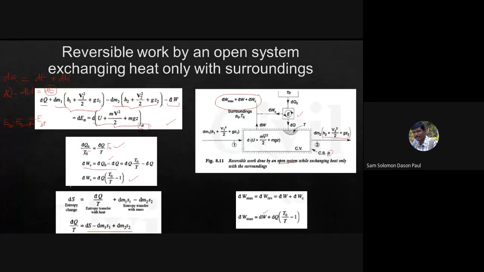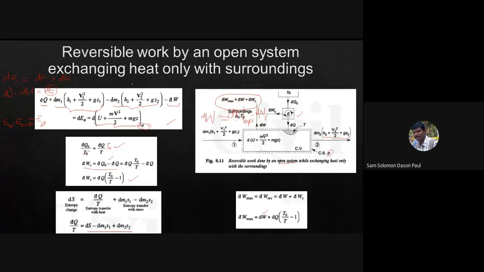Can you see this? Here you have dW, so your dW is supposed to be dW max minus dWc.